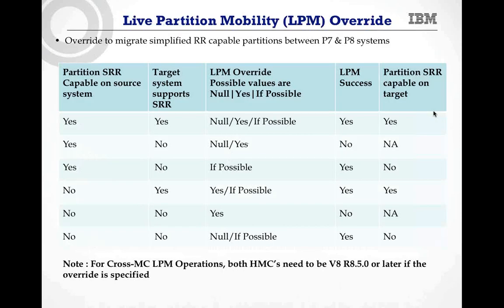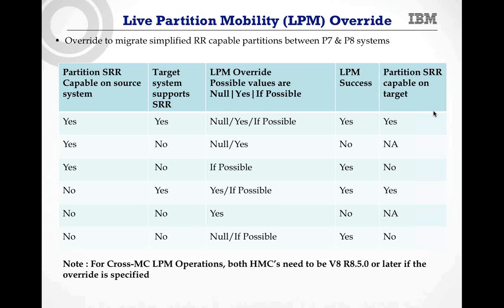This live partition mobility override is not complicated, but the require RR command has two values, a 1 and a 2. And if you don't specify, it has a default value too.